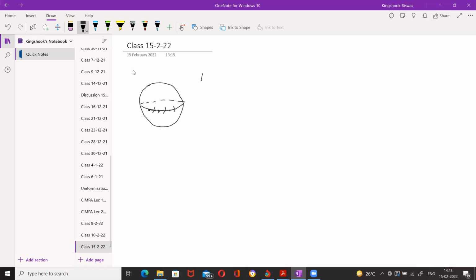So suppose M is a submanifold of Rn, and say X, Y are vector fields on M.